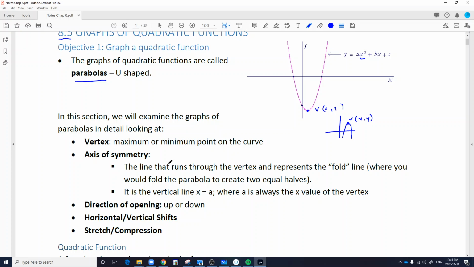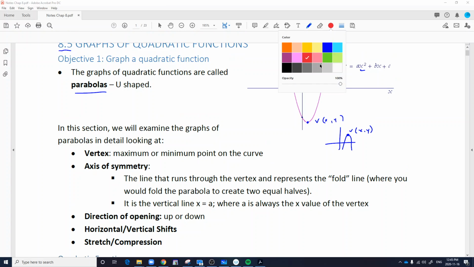Then axis of symmetry. Every single parabola is symmetric about the vertex. So if I were to draw a line through the vertex, you can see that all the points are equidistant from this axis of symmetry.